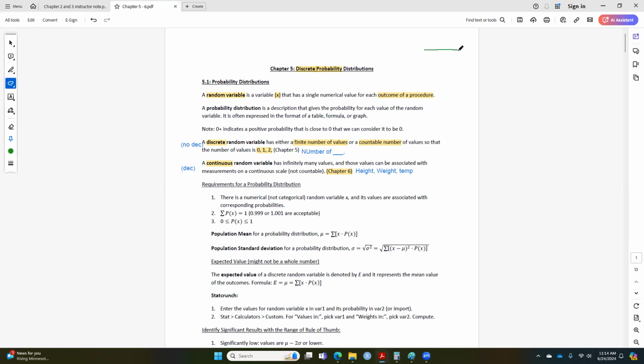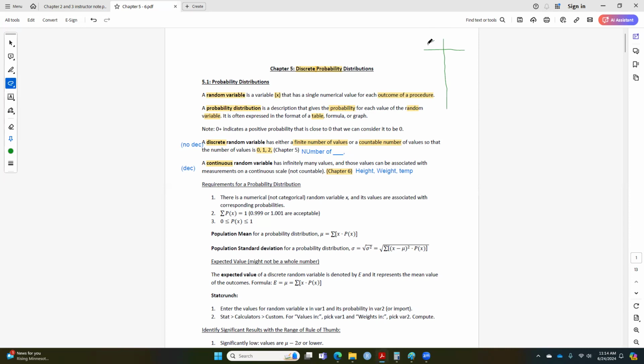Usually you need a probability distribution, which is a table that consists of the probabilities and the random variable itself.